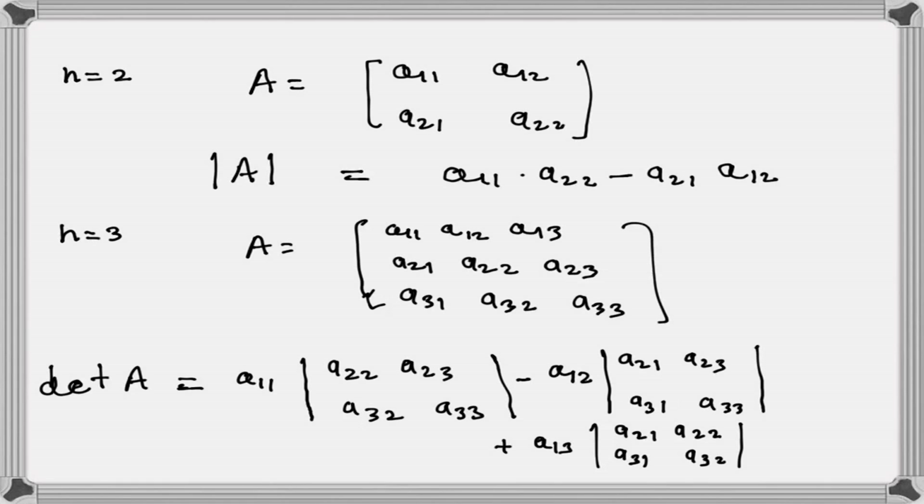Similarly, we can find the determinant of any n cross n matrix. Here I took the first row to expand. We can use any row and any column, but the only thing is the sign of these multipliers like a11, a12, a13 is defined by the following.